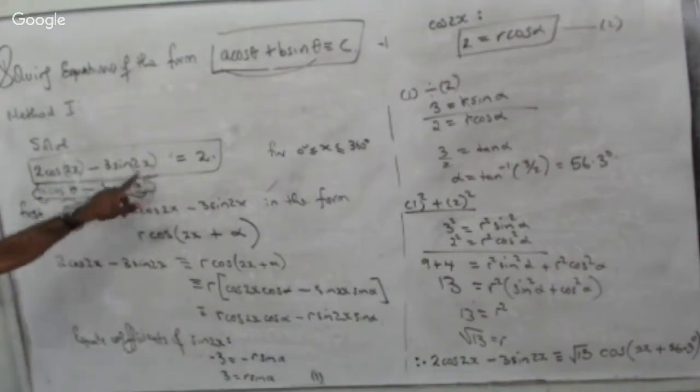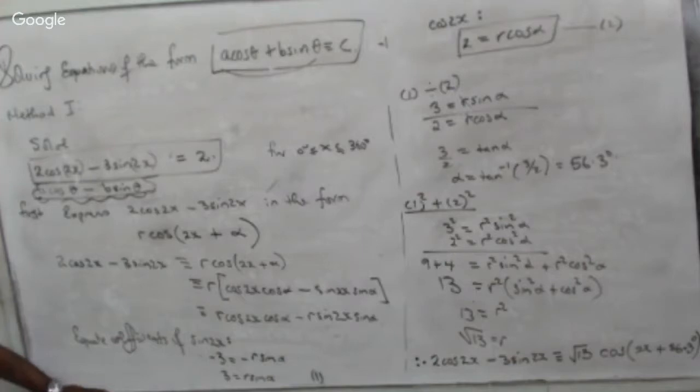If one of them was x and the other one was 2x, the first rule of solving trigonometric equations is that the angles must be agreeing. So in order to change the 2x to one in terms of the other. Right. So it's not just one trig ratio, it has to be one angle as well, remember? But if the angles were the same, I just go ahead and put it in that form.